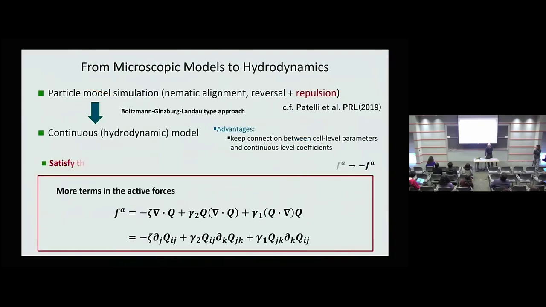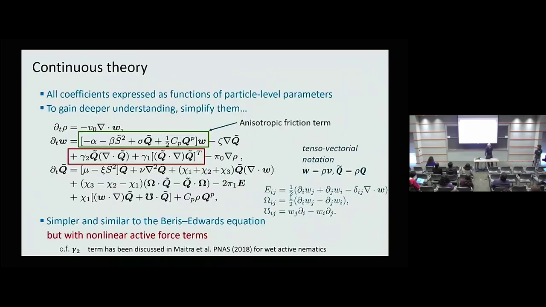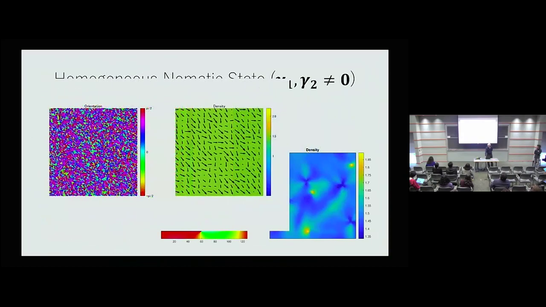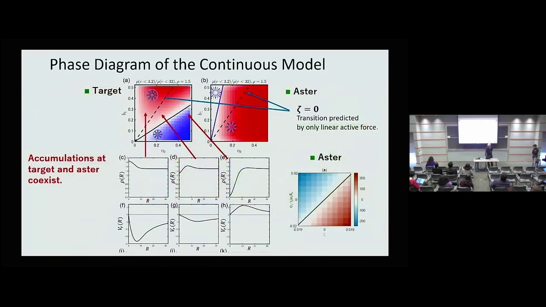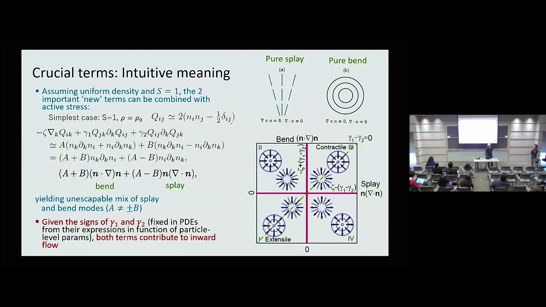This nonlinear active force is related to the bending and splay. Gamma 1 is positive in most cases in this particle model simulation. Gamma 2 is negative in this particle model.